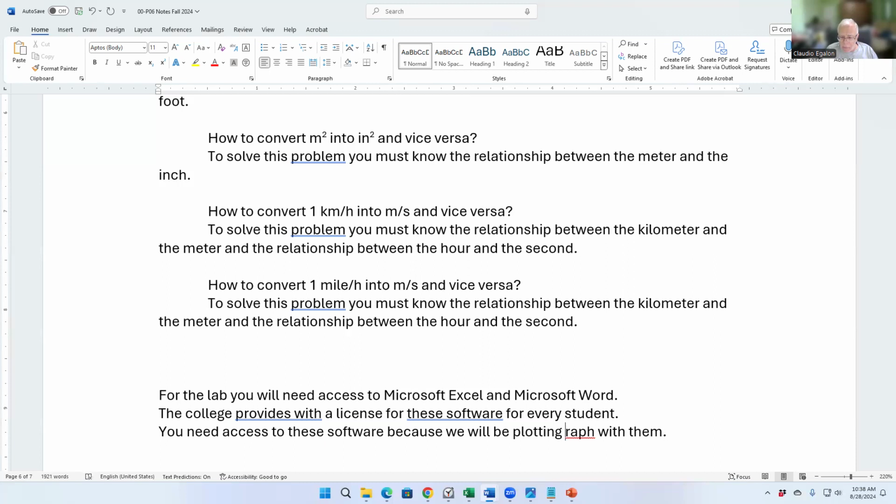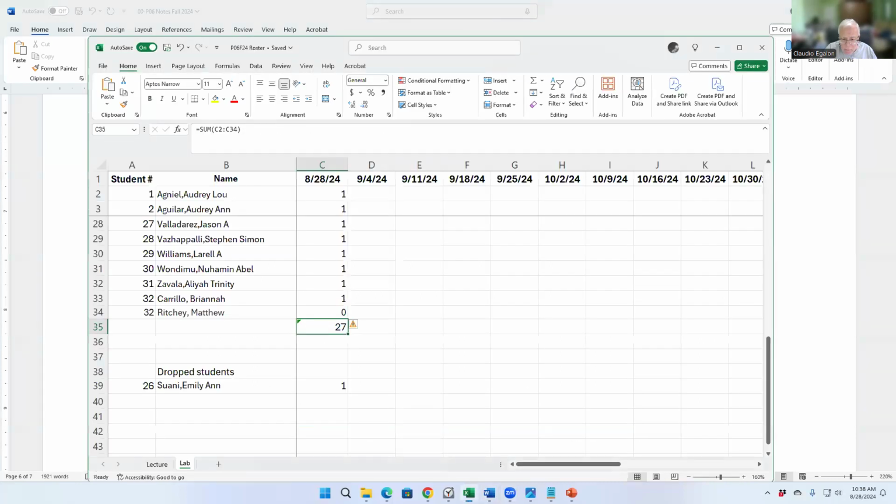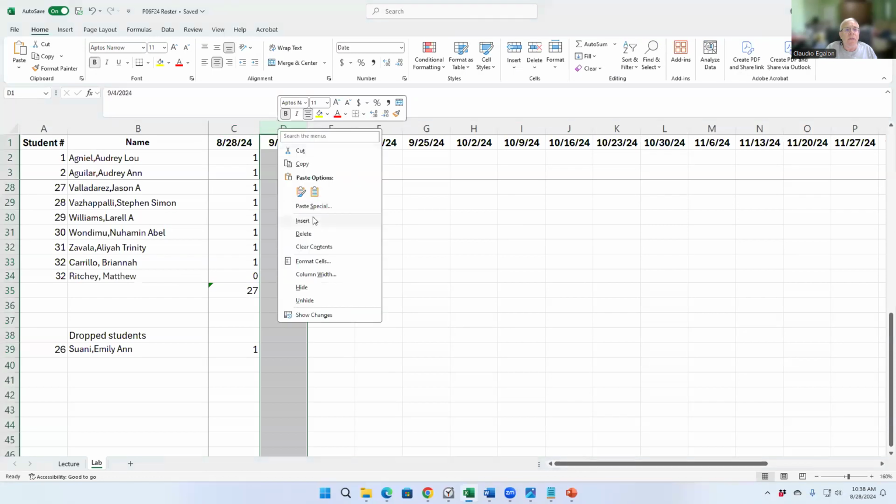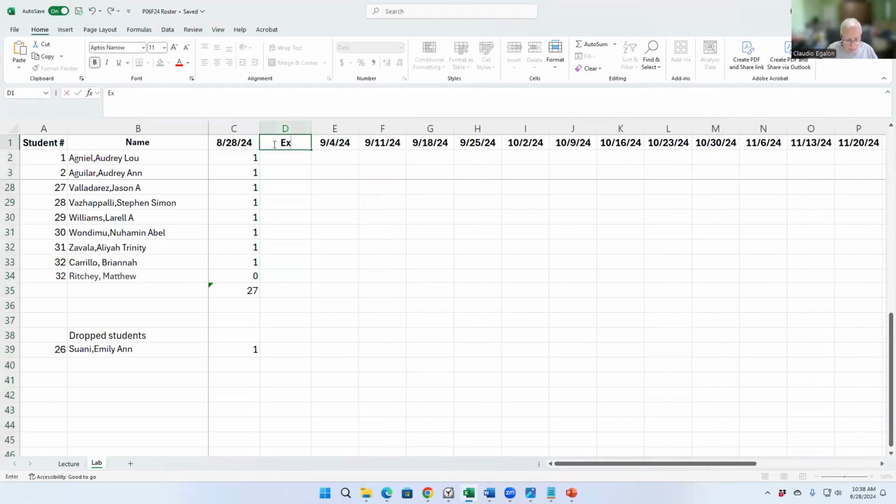Ideally, you should have the software now. That's why I'm asking you. Who has Excel software there on their computer? Let me check one by one. Audrey Agnew, do you have Excel software on your computer? Not at the moment. No. Okay.